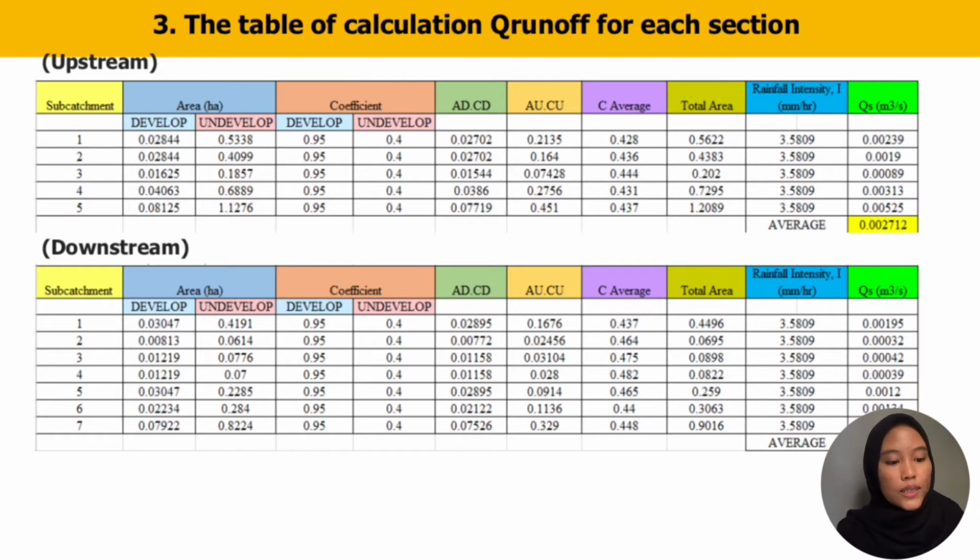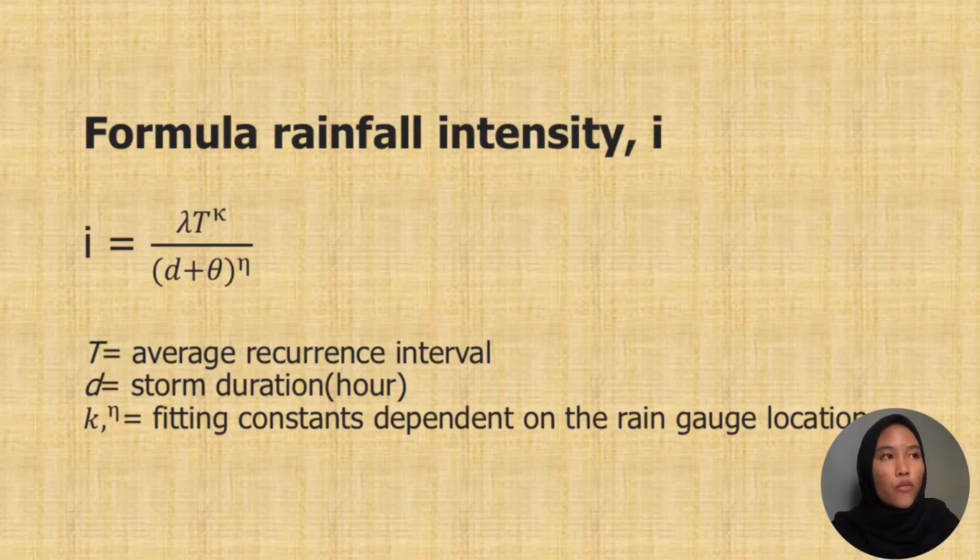Next is to determine the average rainfall intensity. How we calculate the average rainfall intensity is by referring to the equation from the MSMA and the value of the formula of rainfall intensity. It's a constant value dependent on the rain gauge location, except for T and D that we need to determine on our own.